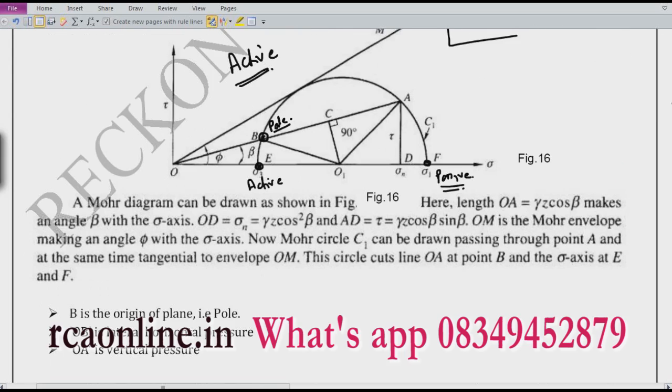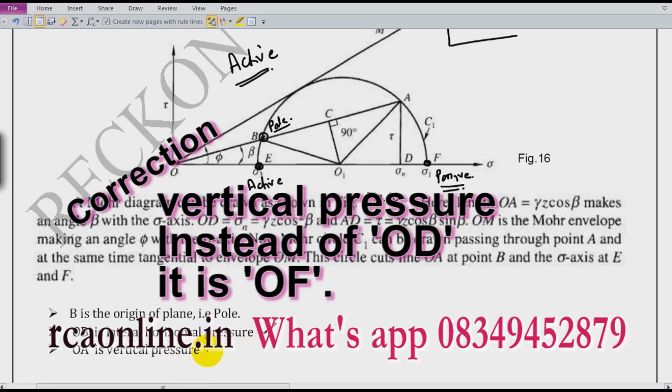Another important thing here is that my lateral horizontal pressure will not be OE, but it will be OB. So I have written here that OB is my lateral horizontal pressure, and OA will be the vertical pressure, not OD.